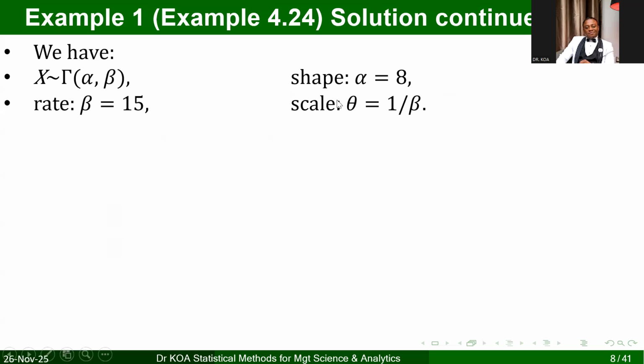But if I cross multiply, it means that whatever the theta is should help me to know the value of beta to be 15. What do you think will be the value of theta for me to get 15 as a beta? It's 0 point something, isn't it? Yeah. So I need to divide 1 by something to be able to get that value.